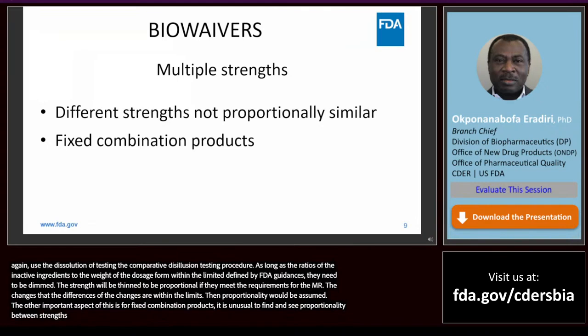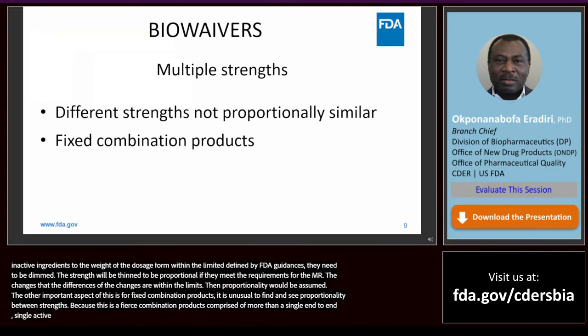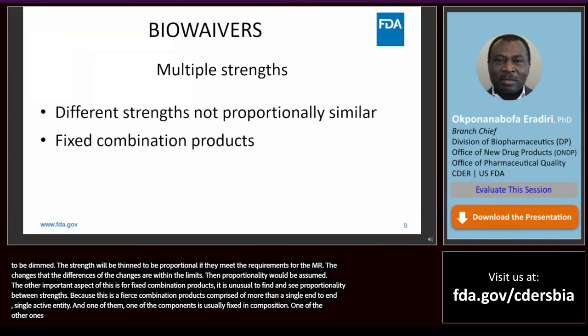The other important aspect also is that for fixed combination products, it is unusual to see proportionality between strengths, because these fixed combination products comprise more than a single active entity, and one of the components is usually fixed in composition, while the other one is modified or changed.